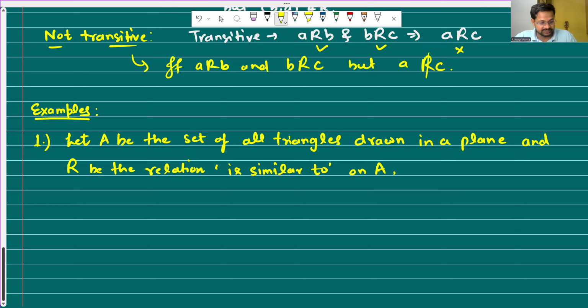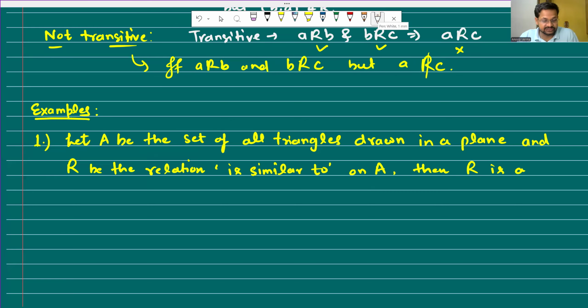Then let us check about R. So first we can have about the reflexive. Is it reflexive? You know that every triangle is similar to itself. It means that every triangle is related to itself.